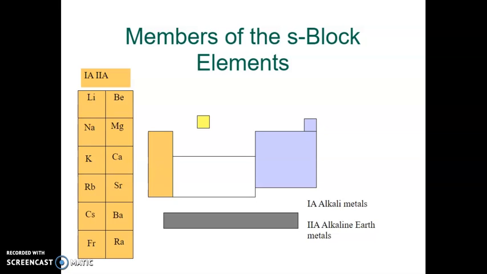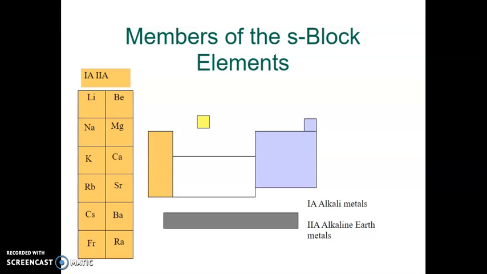The S block elements are those elements which have the outermost shell incompletely filled and the last electron is present in the S subshell of the outermost shell. They do not have any electrons in the inner d orbital, whereas the inner s and inner p orbitals are completely filled.